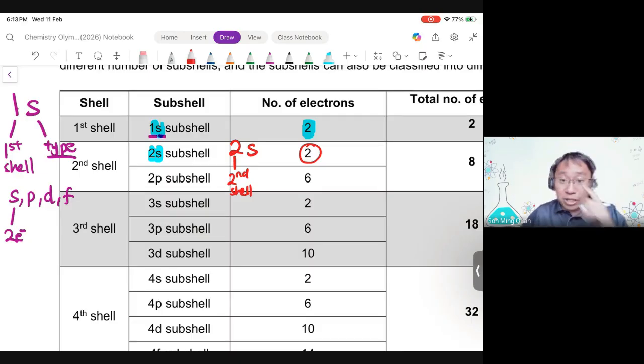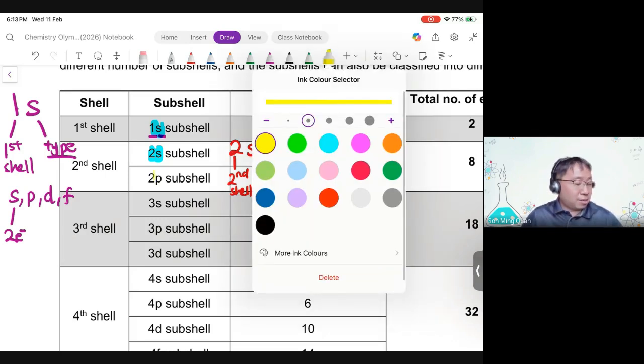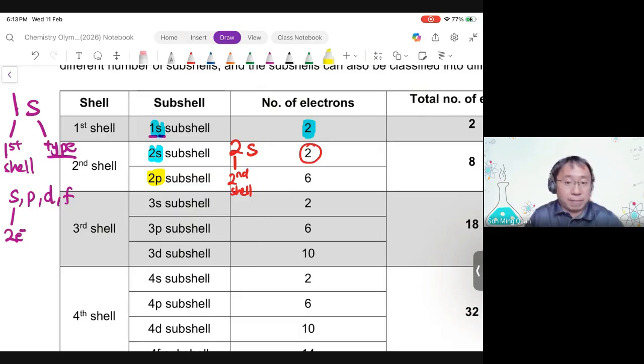But the second shell is bigger. The second shell, besides having the 2S subshell, also has the 2P subshell. Again, is it 2 times P? No, it's not. 2P means the P subshell from the second shell. Now, P can hold 6 electrons.